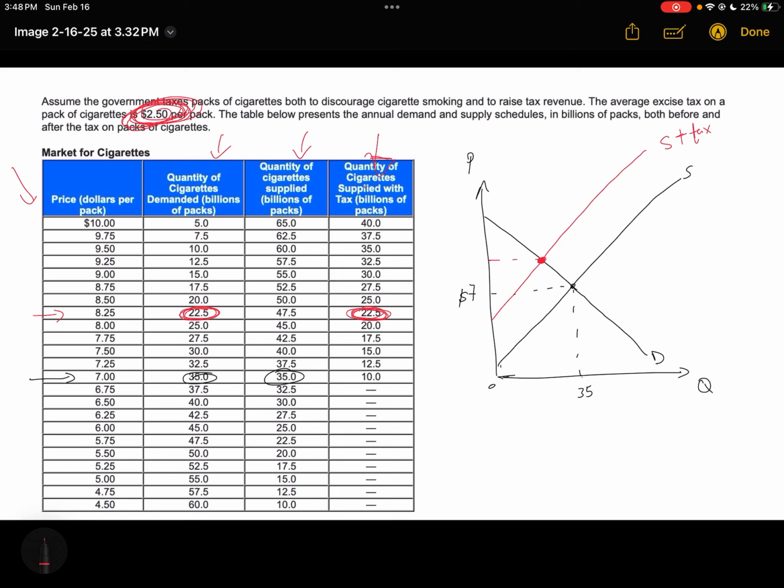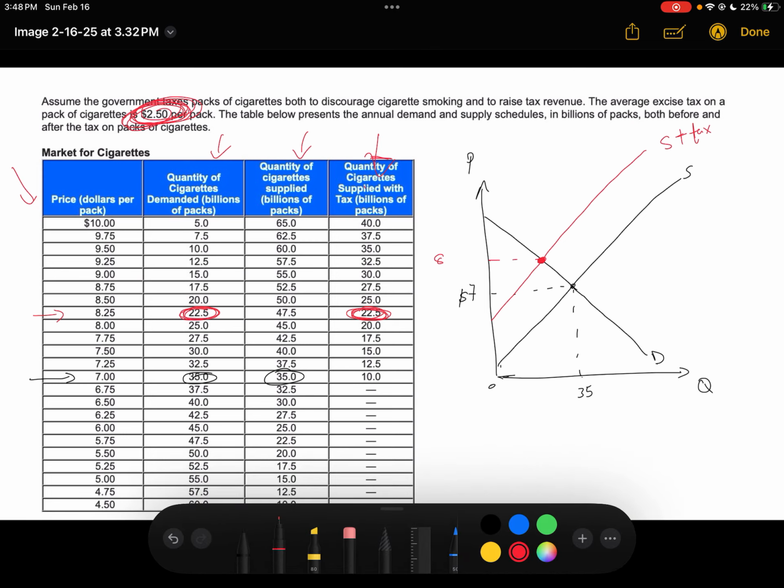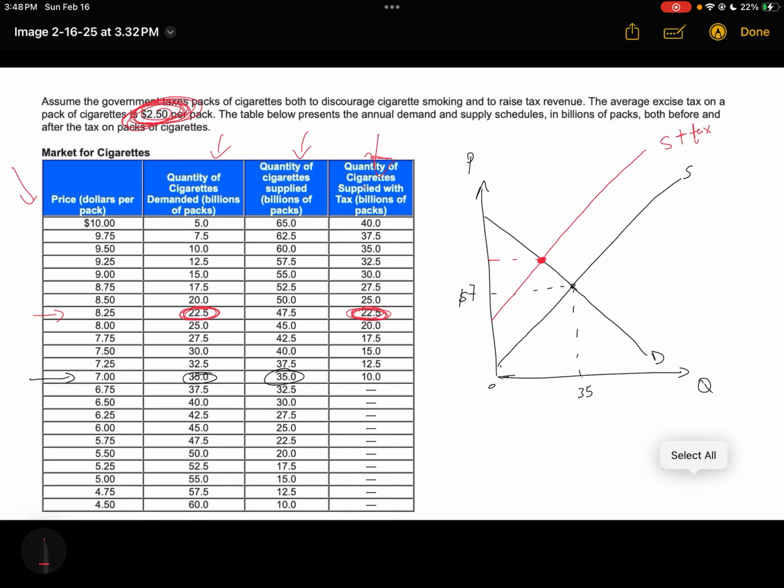So right here we have, I want to use the dollar sign here, so let's go ahead and do that. $8.25. Okay, and the quantity demanded and supplied there will be 22.5. Great. We are done using the table.